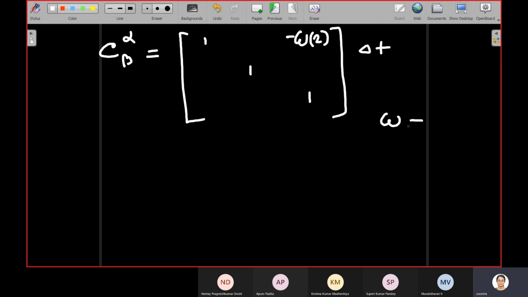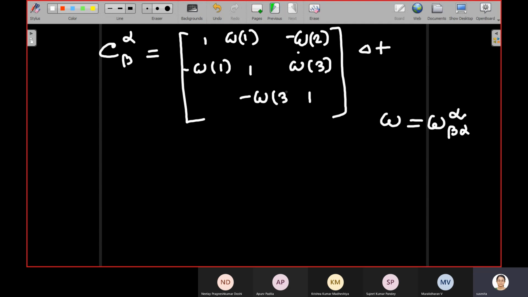We just write omega 2. So omega is basically omega beta alpha alpha. Since we do not have space here, I am just writing omega. And then here we had phi, so omega 1, here minus omega 1, here omega 3. This is what we get, right?